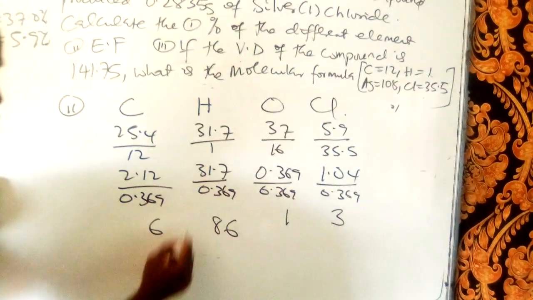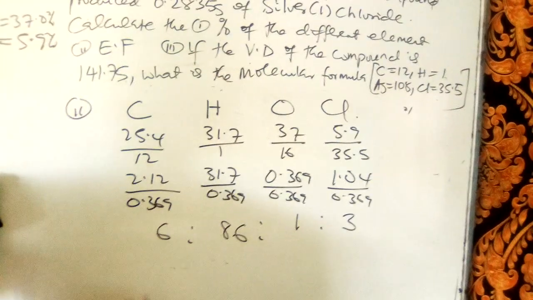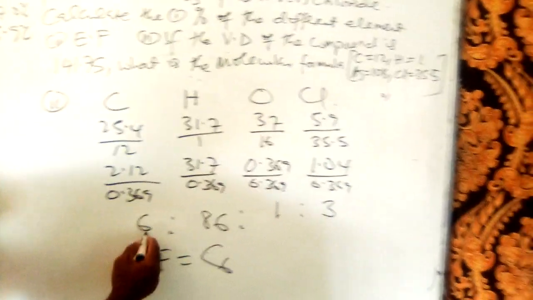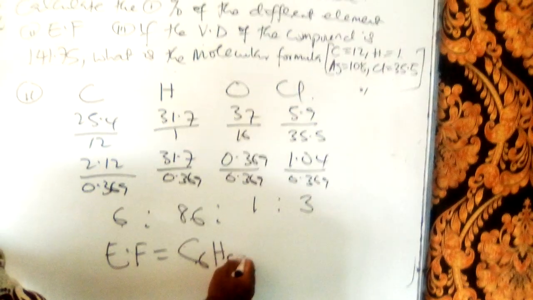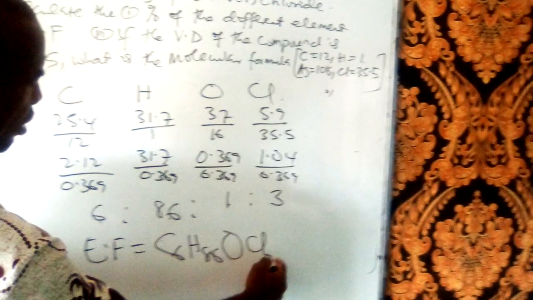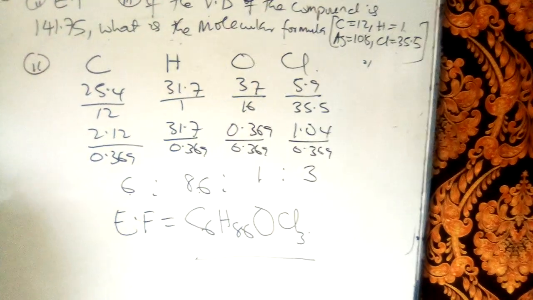So the ratio is 6 to 86 to 1 to 3. So the empirical formula of the compound now becomes C6H86OCl3. So this is the empirical formula of the compound being demanded.